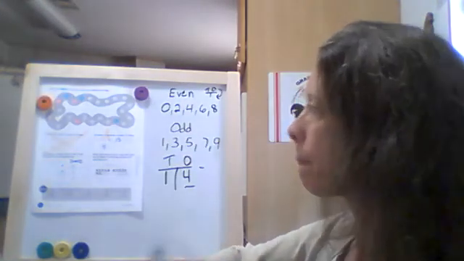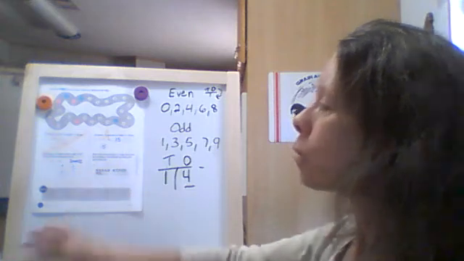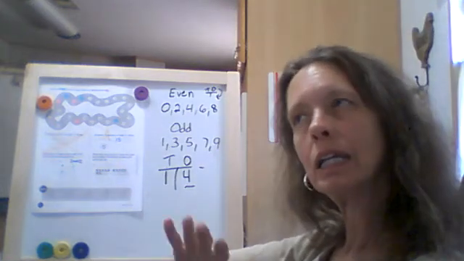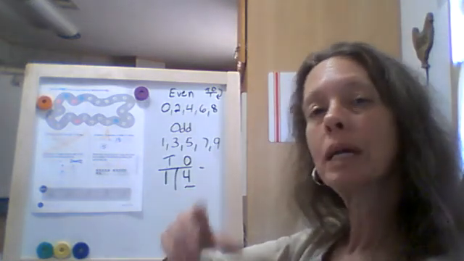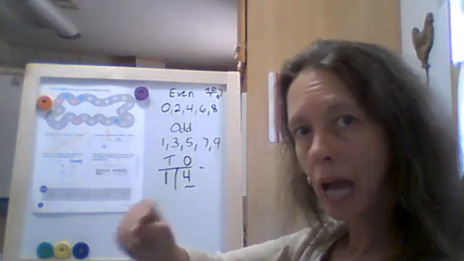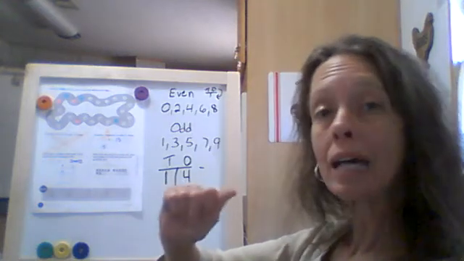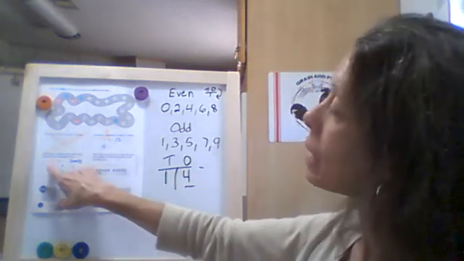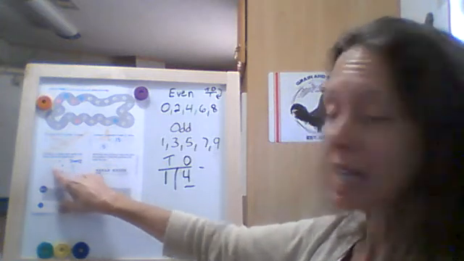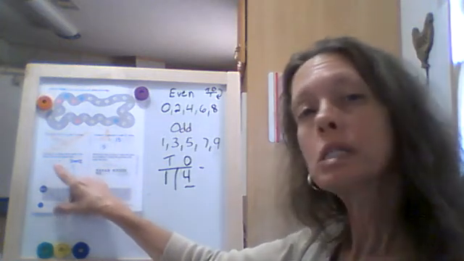How are you going to set up a fact family for me? What plus what? Remember, in an addition problem, the big number goes what? First or last? Goes last. So what is the big number of these three? 6, 8, and 14. Which one is the bigger number?